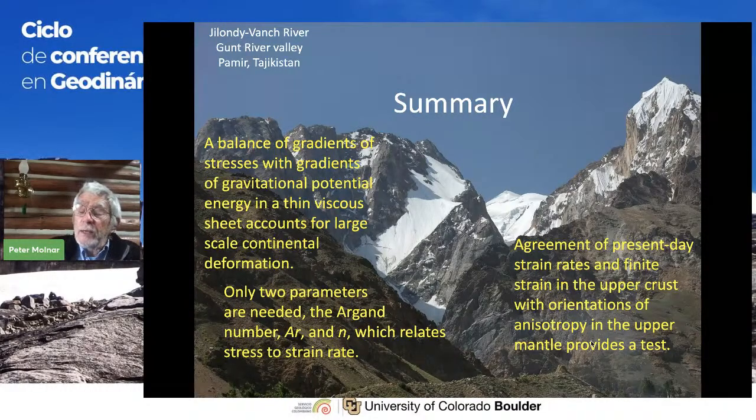If we're assuming that the lithosphere is behaving as a sheet in a gravitational field, a gravity field that resists its thickening, the fact that the surface strain rates and the finite strain that one observes in the mantle with seismic anisotropy agree, the agreement of those two quantities is really a very strong confirmation that the thin viscous sheet works well on this scale of hundreds of kilometers.